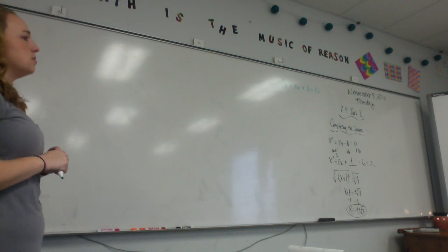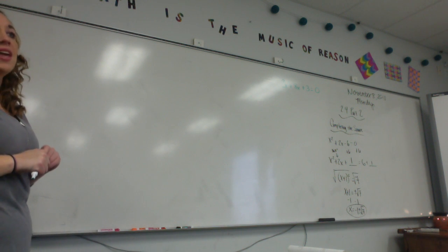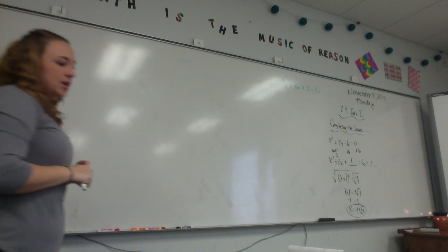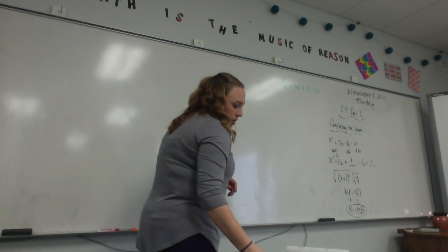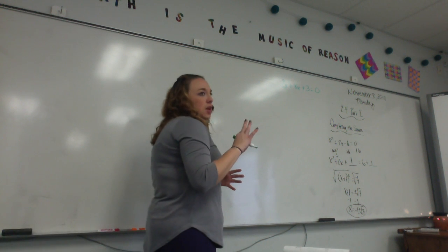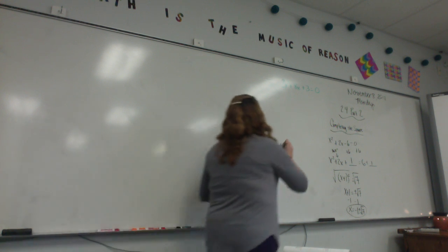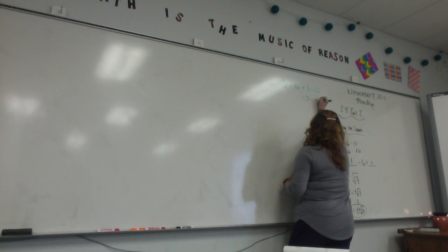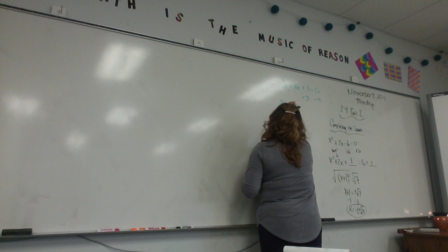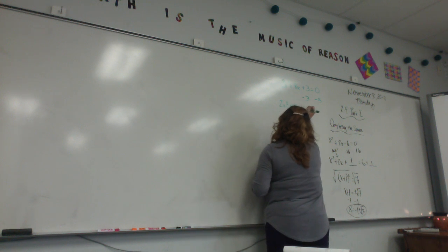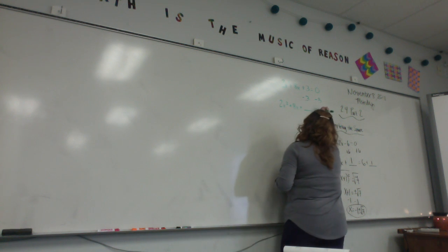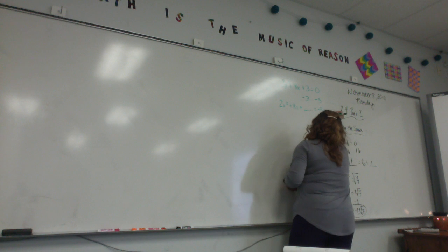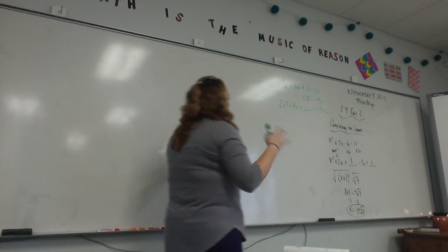No, because 3 times 2 is 6, plus 1 gives me 7. I can't get to 8 in the middle. So, what's the first step I need to do? Subtract 3. So then I get 2x squared plus 8x plus something equals negative 3 plus something. I always like to leave those blanks so I remember what I'm doing.